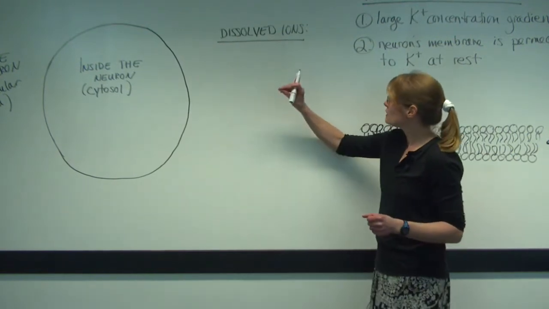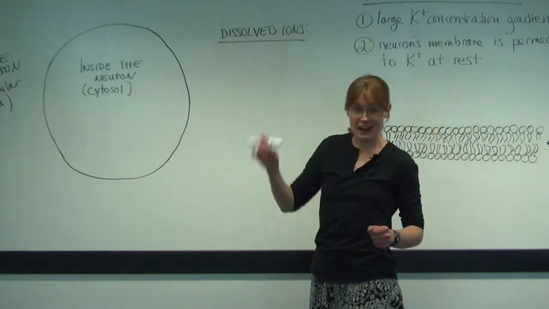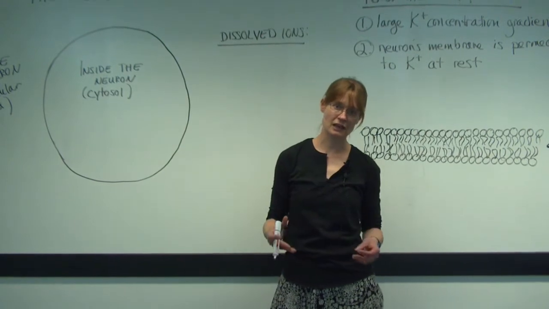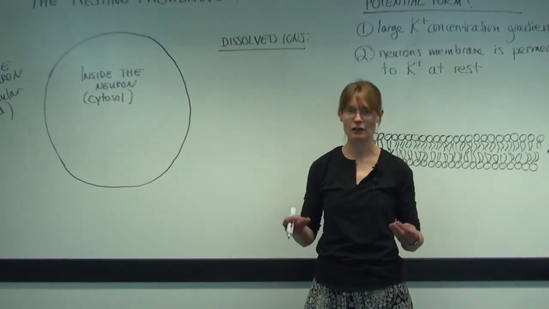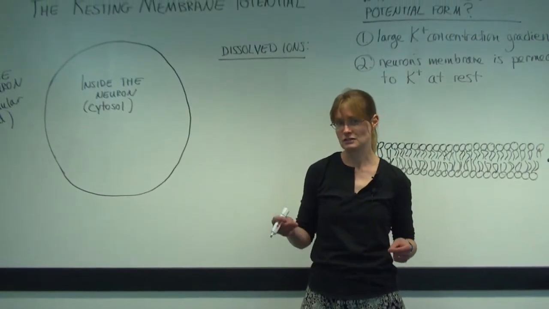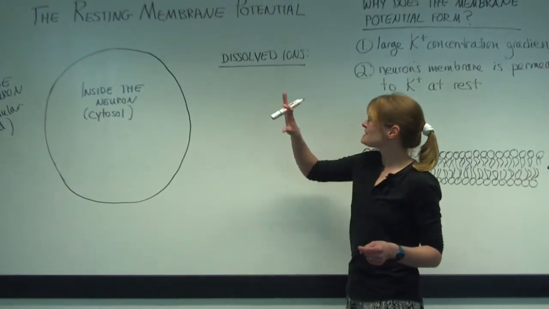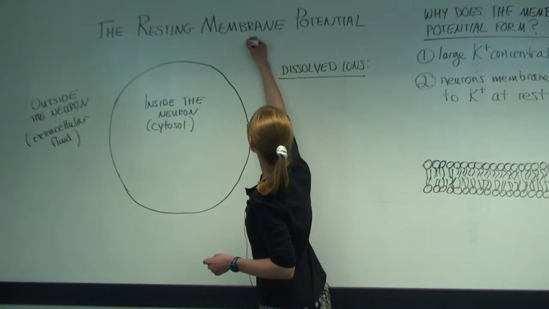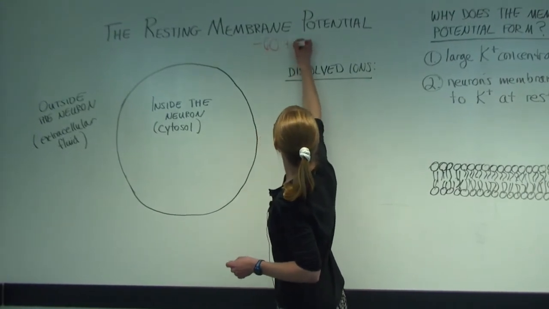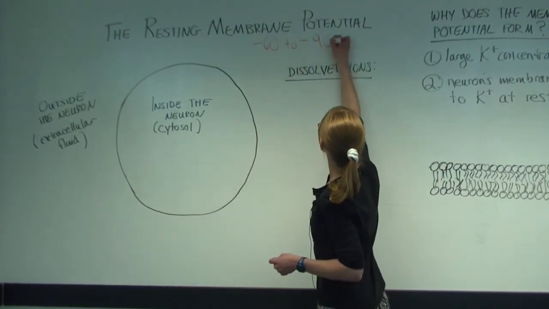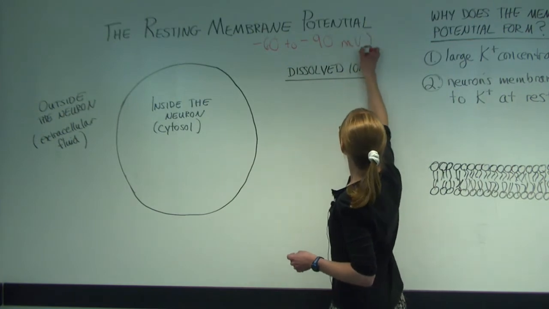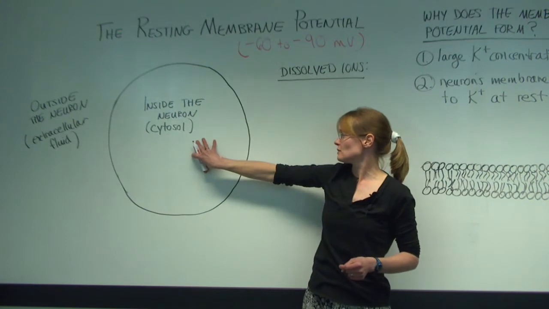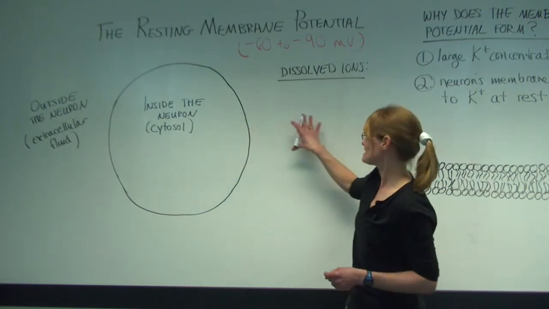And in neurons that are at rest, which means that they are not currently actively engaged in either generating or sending electrical signals, this generally means that they are somewhere between 60 to 90 millivolts negative inside of the neuron relative to outside of the neuron.